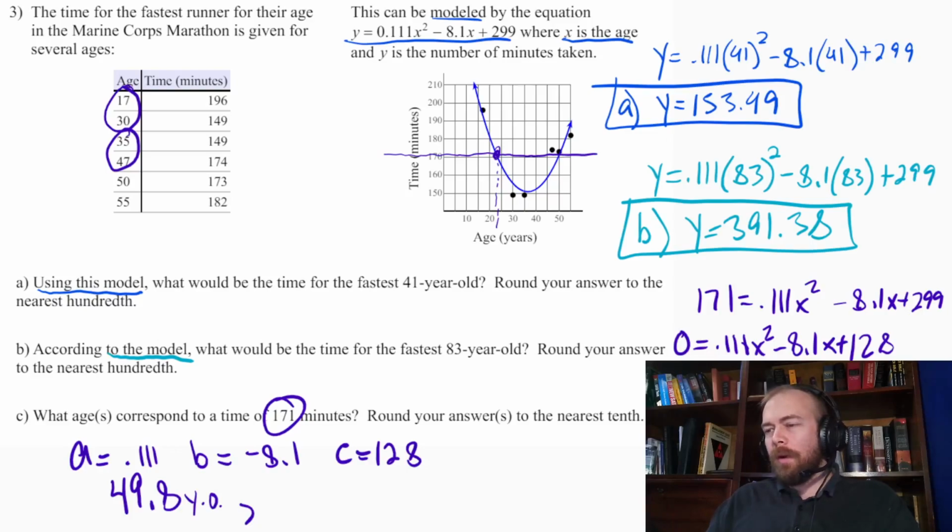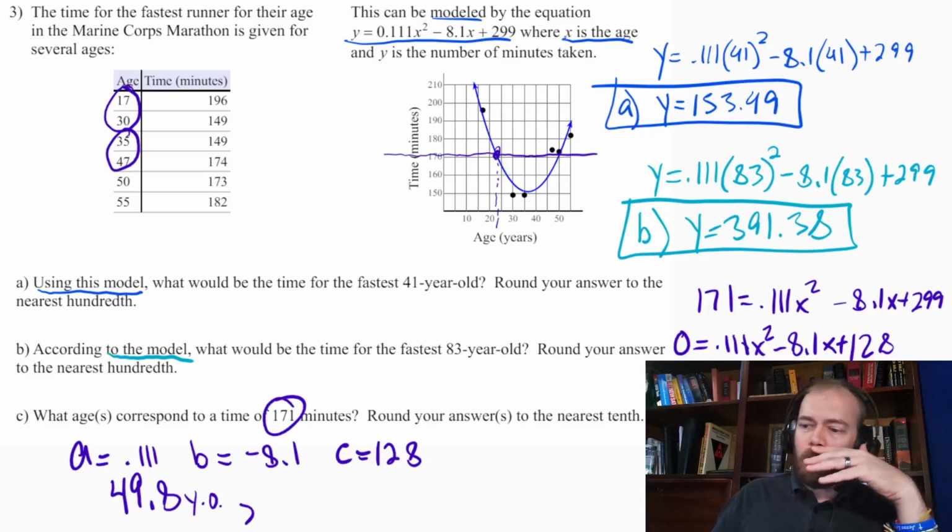Making sure I didn't hit the 1 too many times. Kind of just button mashed it. There we go. 23.1, if I round to 1 decimal place.